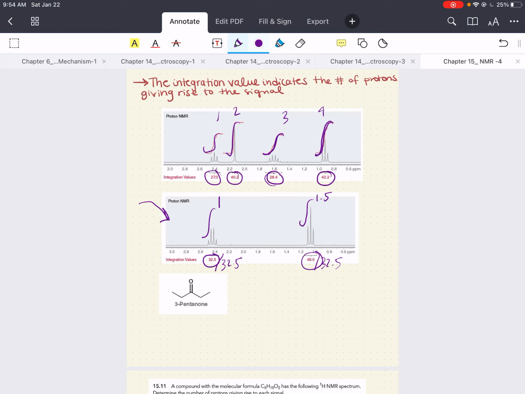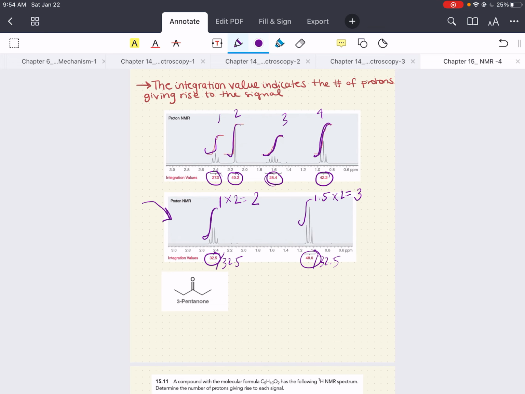Fantastic. Sometimes you're going to get decimal places. If you get decimal places, you want whole numbers. So to get 1.5 to be a whole number, we can just multiply it by 2. So that gives us 3, but we have to do the same over here. So we're going to multiply that 1 by 2. So what we have is, it's telling us the integration for this signal is 2. The integration for this signal is 3. Remember, these are all relative numbers.